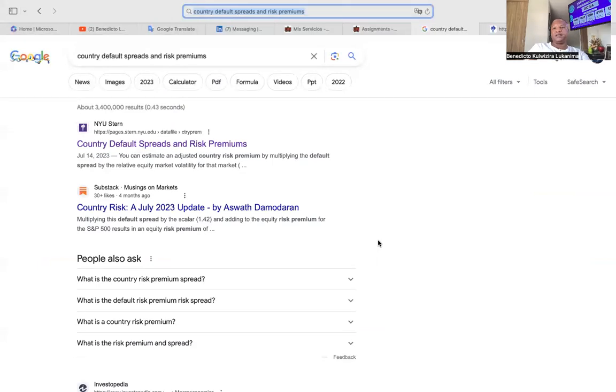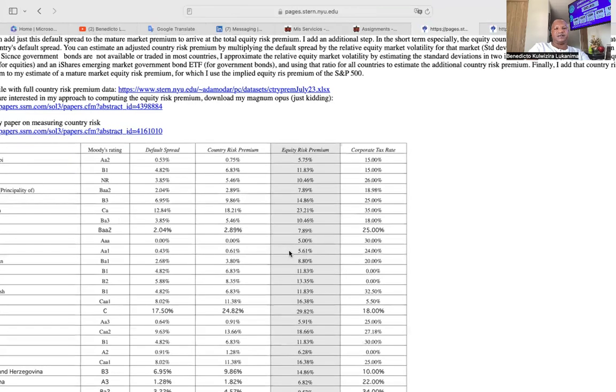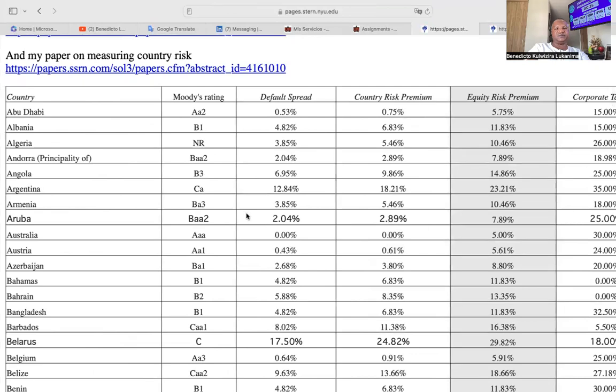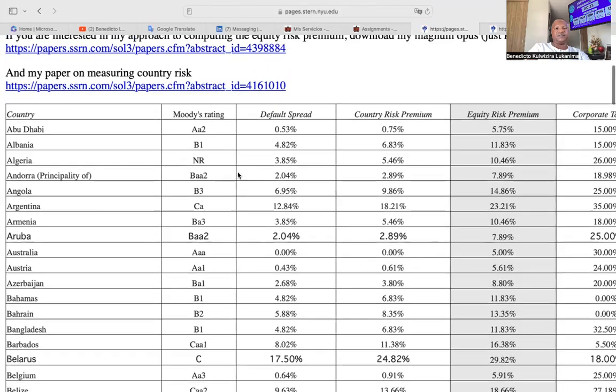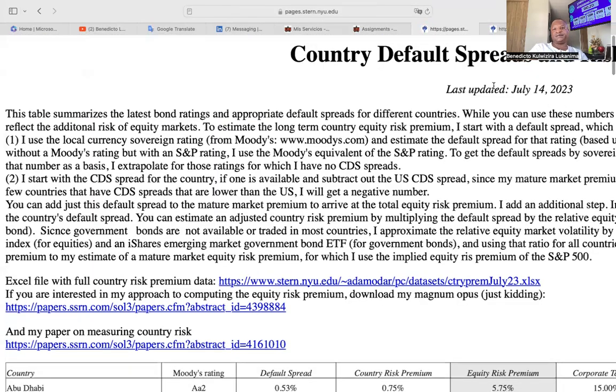One of the key sources I prefer to use is the one from New York University Stern by Damodaran. And there is a compilation of different default spreads for different countries almost worldwide. And the good thing with this source tends to be up to date.